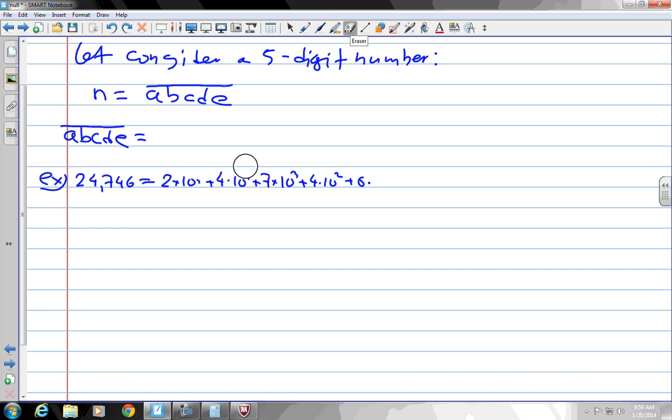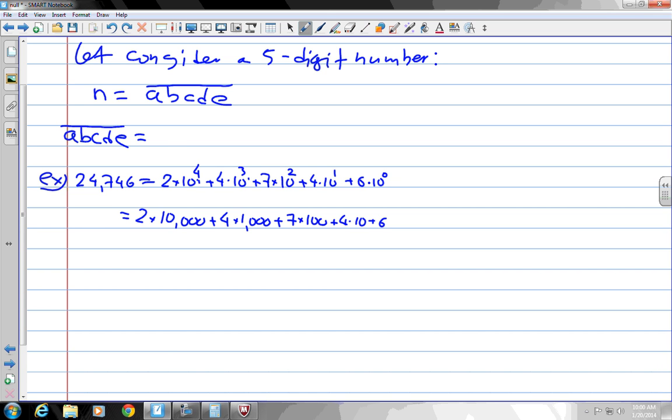I don't need 5 zeros, because 5 zeros is 100,000. That's base 10. Or it's 2 times 10,000 plus 4 times 1,000 plus 7 times 100 plus 4 times 10 plus 6. That's base 10, right?